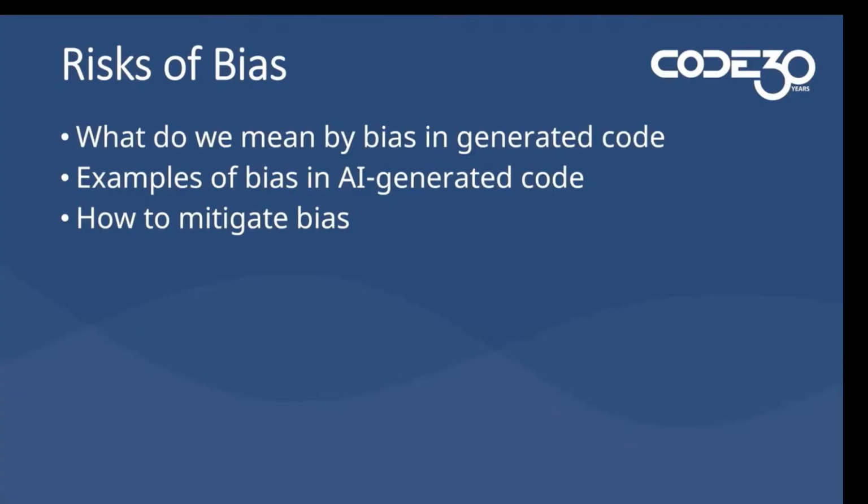Always do regular audits of your code, looking at AI generated code for signs of bias, both manually, and there are automated tools that can help you with that as well. And then, of course, we always want to have a second pair of eyes on our code, a human looking at that code and looking for those kinds of biases as well.